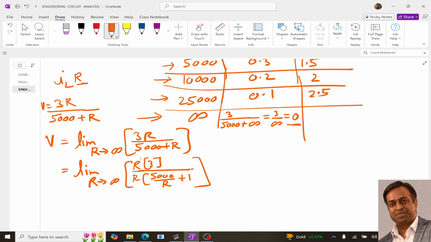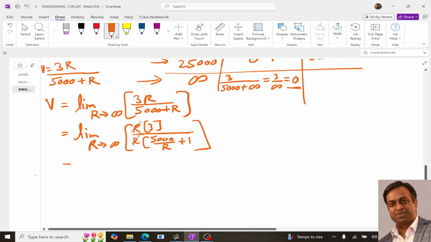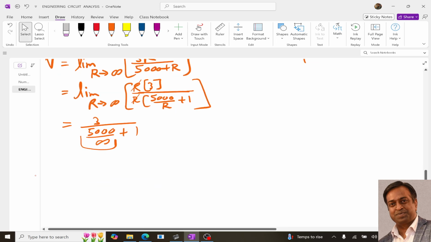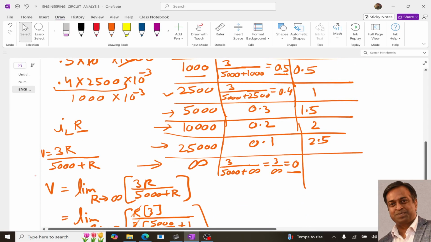This R and this R cancel out. Now substituting infinity, we get 3 upon 5,000 upon infinity plus 1. This term becomes 0, so we get 3 upon 0 plus 1. So it is 3. It means the voltage for the infinity case will be 3, right?